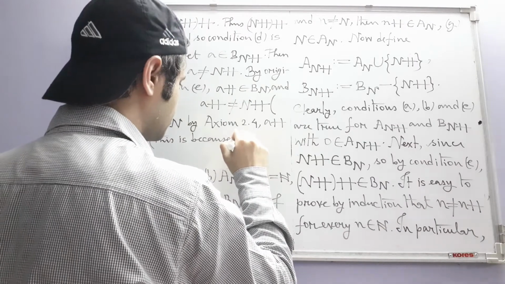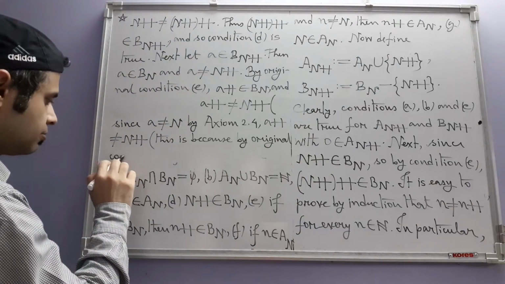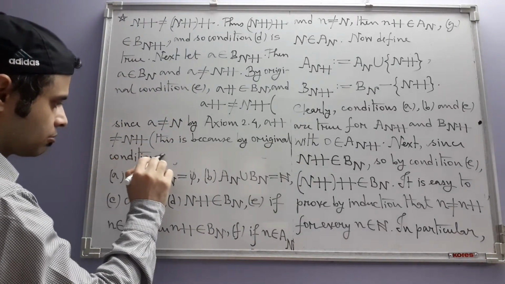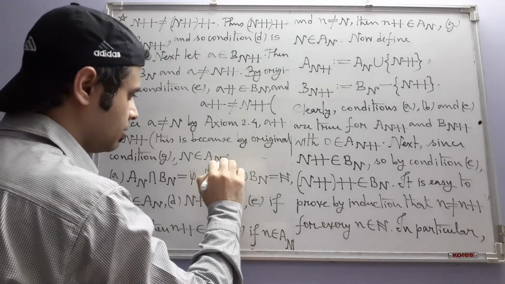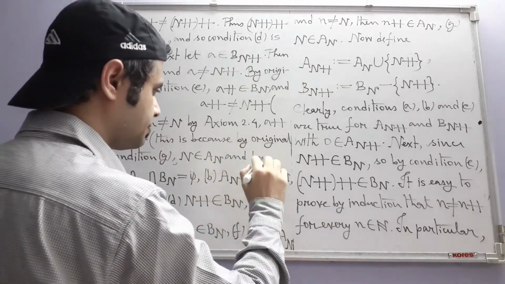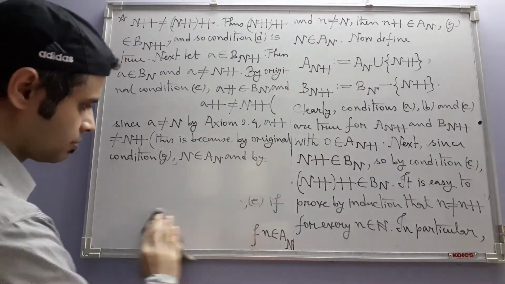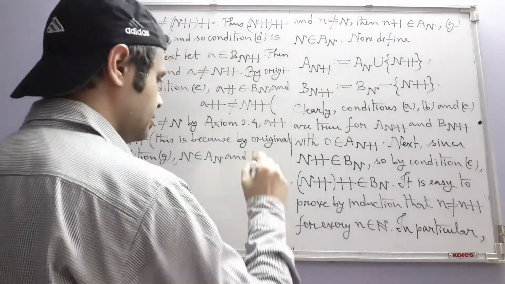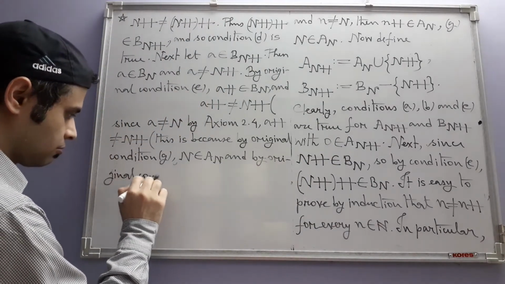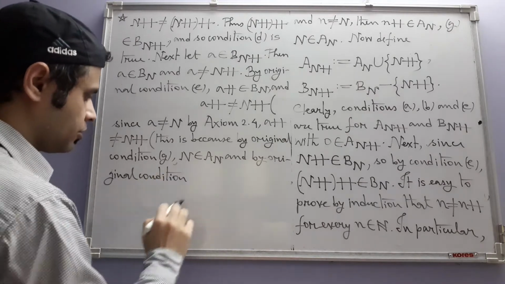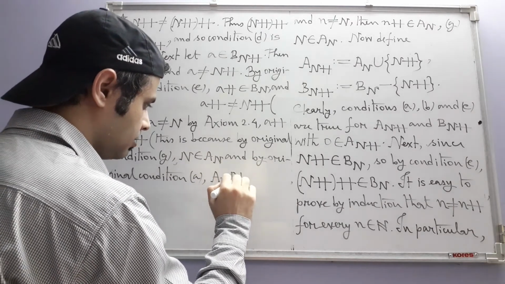This is because by original condition G, n belongs to A_n, and by original condition A, A_n and B_n are disjoint.